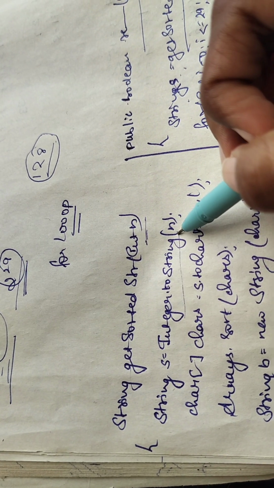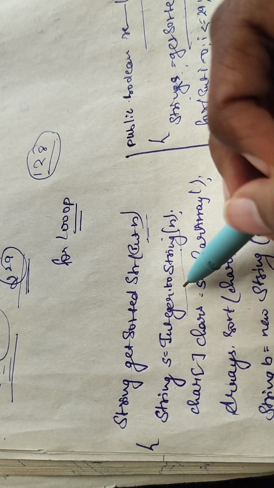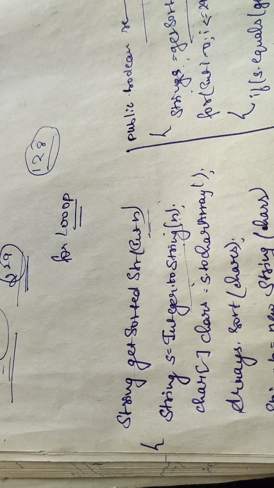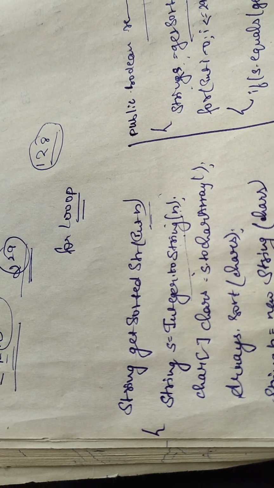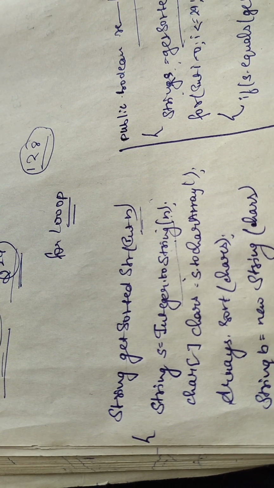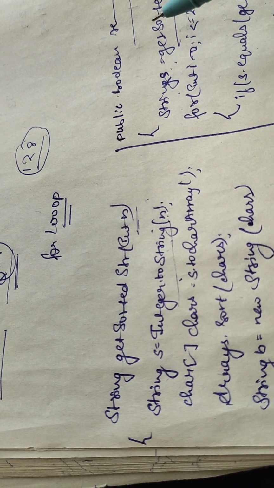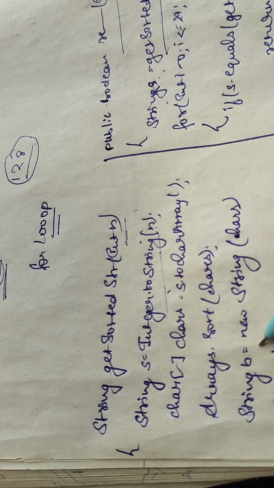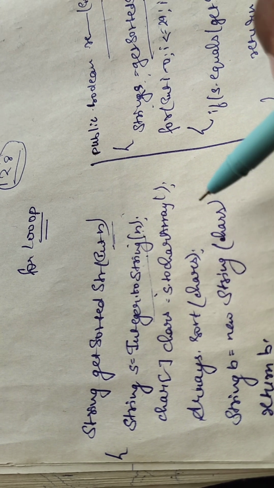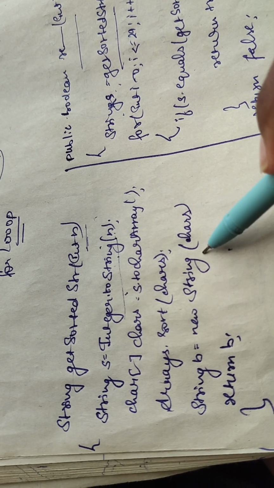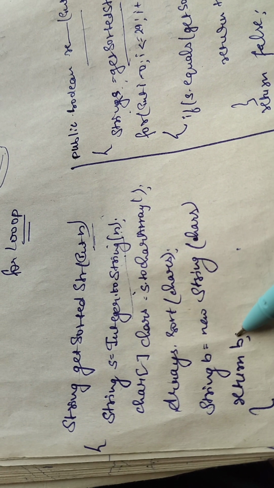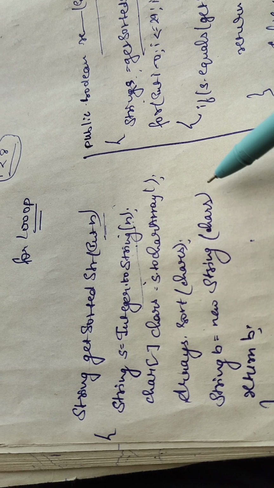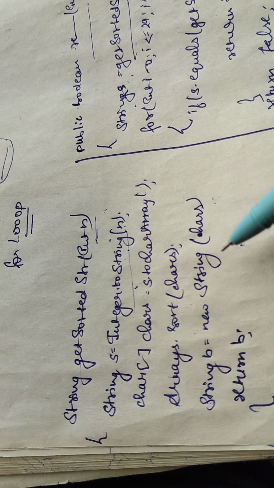I convert the integer to a string, and as you can see, in Java I can't directly sort a string, so I converted it into a character array and sorted that array. Afterwards I made a new string from the sorted character array, and then I return the string.